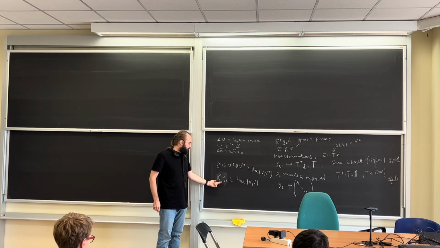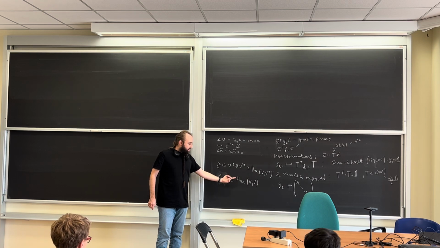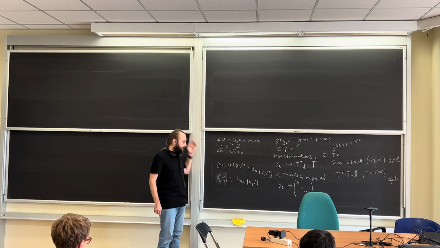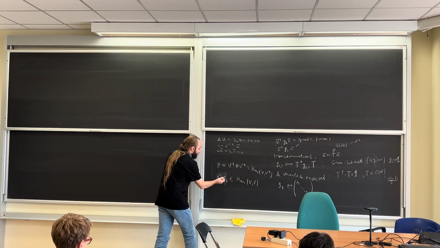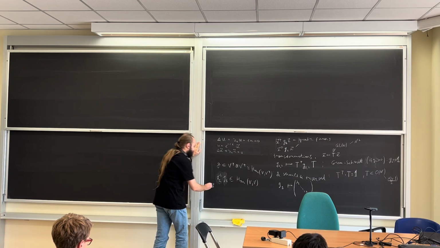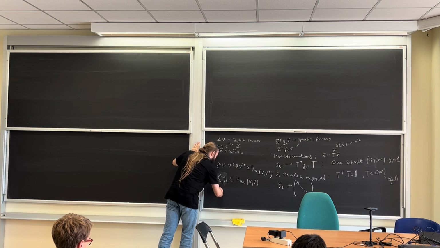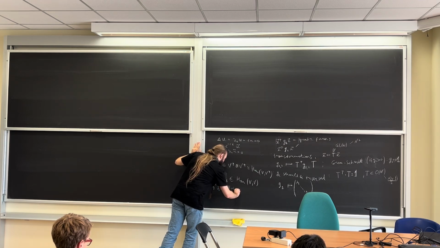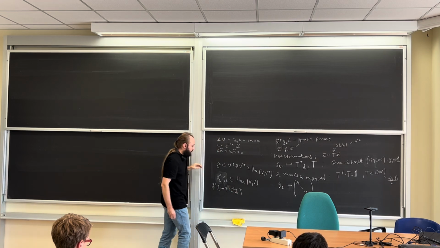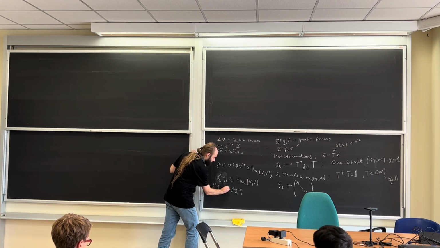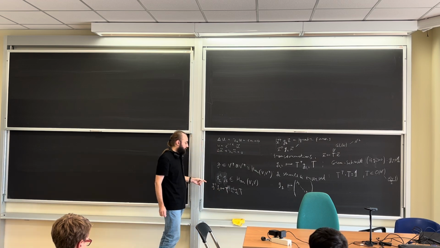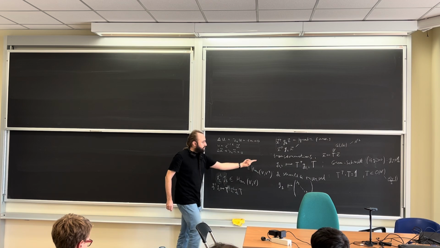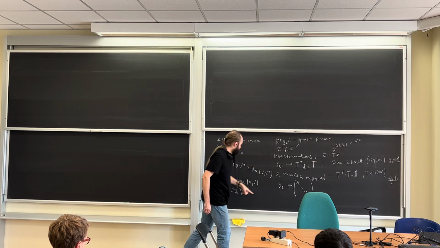And this ratio, since it's an operator, it has eigenvalues. Because it transforms as an operator, for example, G2 inverse G1 transforms as T inverse G2 inverse G1 T. You can check it from these transformation laws.